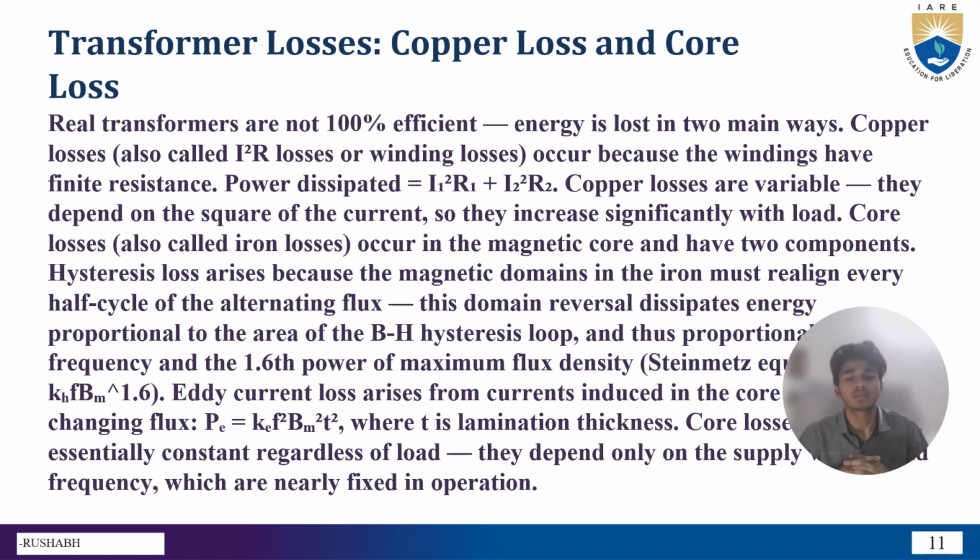Eddy current loss arises from the current induced in the core itself by changing flux. P is equal to Ke into F square Bm square into T square, where T is the lamination thickness. Core losses are essentially constant regardless of load. They depend only on the supply voltage and frequency, which are nearly fixed in operation.